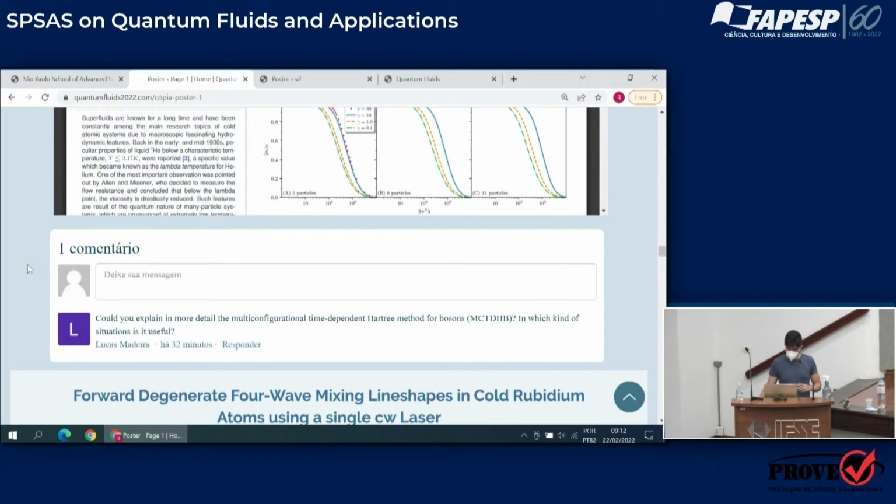So, and there is another question. In which kind of situations is it useful? So I think the best case for the MSTDHB is when we have a small number of particles, since we can afford freedom to explore strong interacting regions, and because we can have a larger basis to span a larger Hilbert space to express our many particle state.